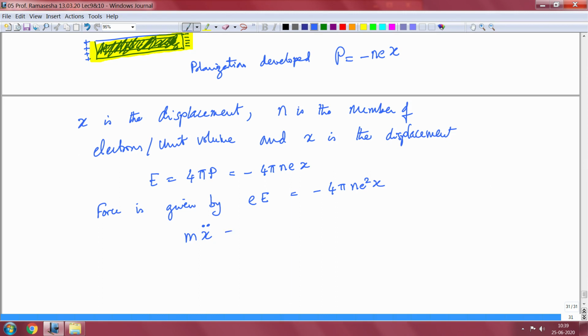That is equal to minus 4 pi NE squared times x. Right away you see that this is of the form x double dot is equal to minus 4 pi NE squared by m times x, and so 4 pi NE squared is like the force constant, and so omega p squared must be equal to k by m, which is equal to 4 pi NE squared by m.